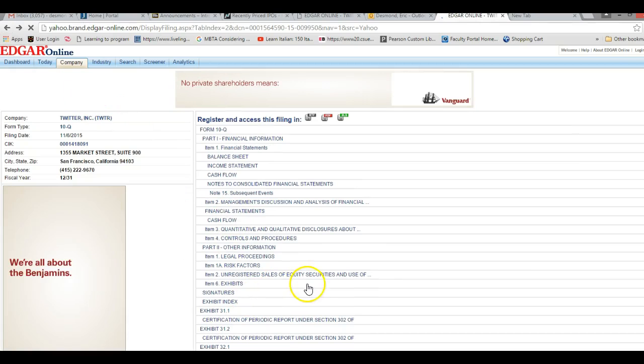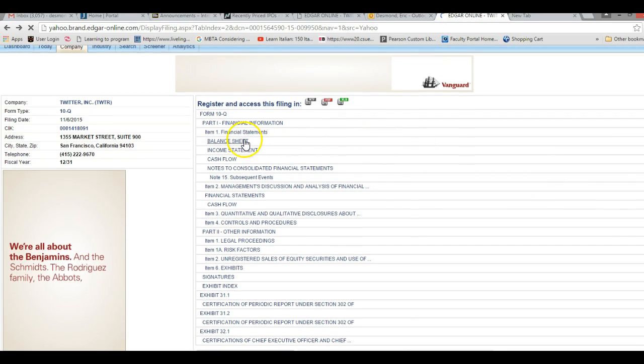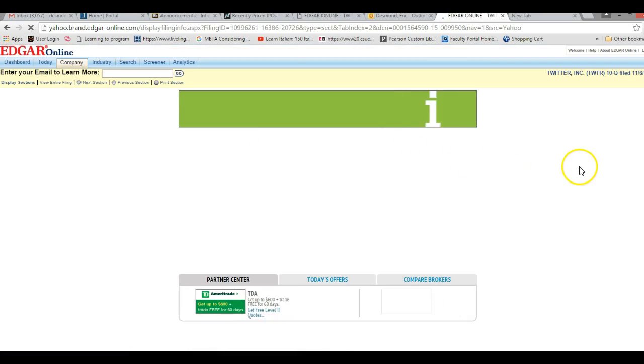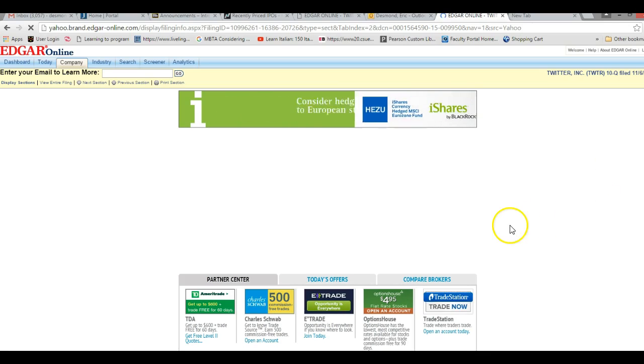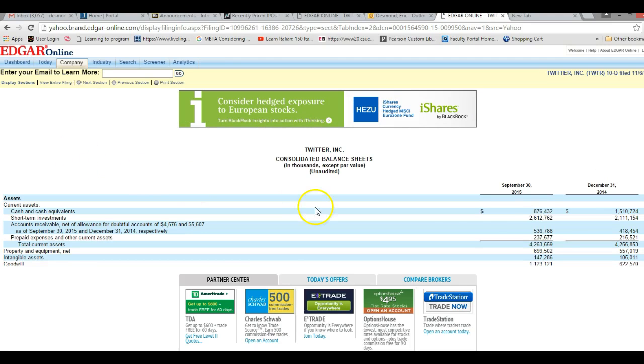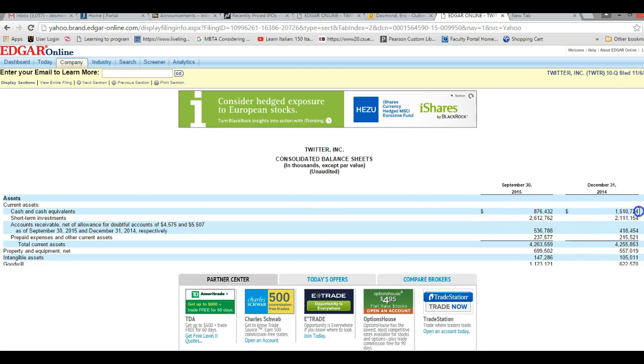And if we look at the balance sheet for 2015 here, once it loads, here it is. All right, this could be a problem, and this would actually explain it a great deal. The balance sheet, remember, is a snapshot in time.